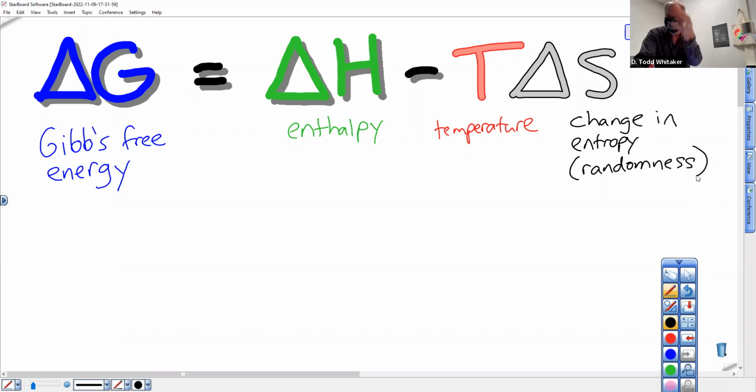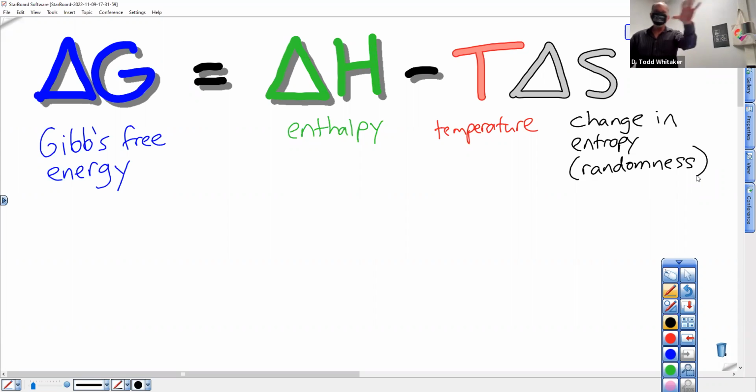So even if the octane was a gas, that one molecule created 10. What's more random, 10 balls flying around in a box or one ball flying around in a box? 10 balls flying around in a box, and that's what gases do. They're flying around. They're very random. It's the most random state of matter, right? So increasing gas molecules is the best way to create entropy.